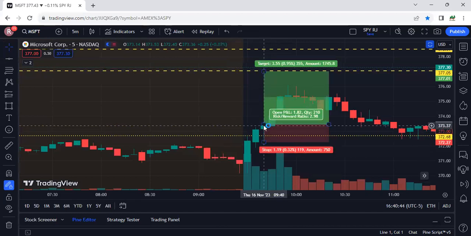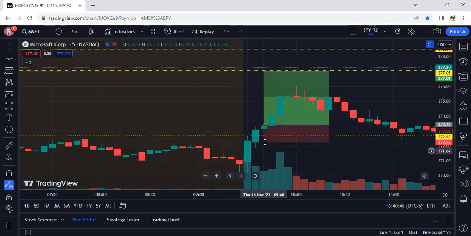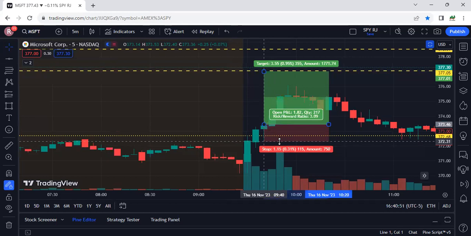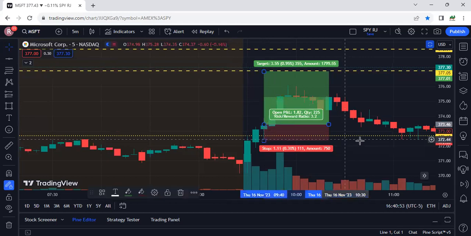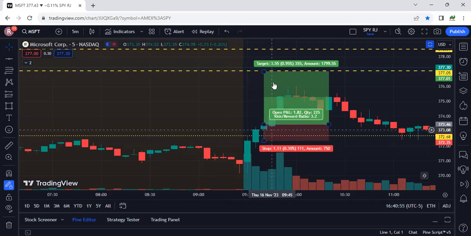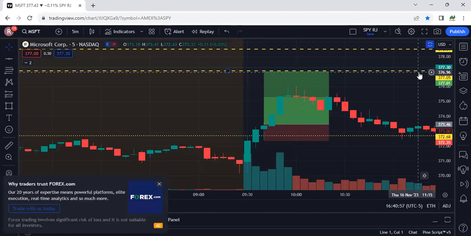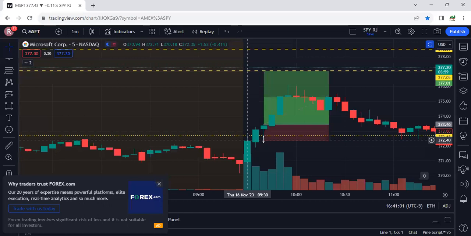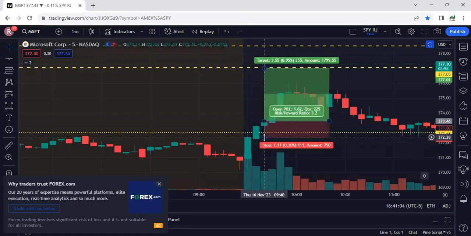Now, when you trade, you always want your risk to reward to be at least a 2, bare minimum of 2. Some people say 2.5 to 3, but you want it to be bare minimum a 2. So if we look here and say, okay, 377 is the next key level, this is my breakout, this is my retest. I know that my stop loss is under the candle. And this is another little secret.